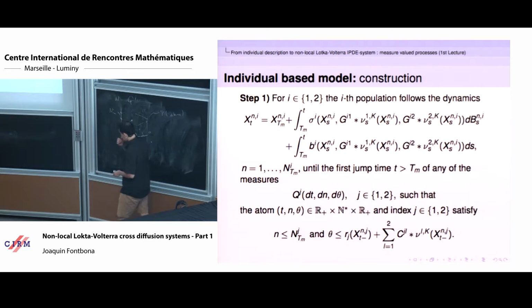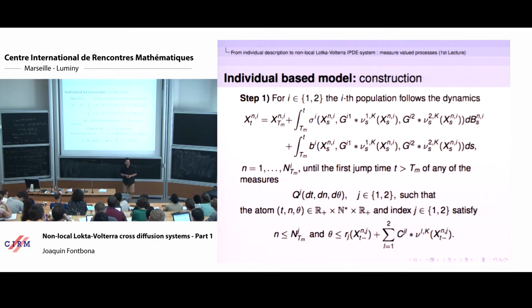So the first thing I need is to have an atom at some time. So let's say now I'm running from Tm on. So I need an atom which I can associate to one of the individuals in my population. And also, I need this parameter theta to be smaller than something. Okay? So here is the idea of adapting the rate to the dynamics of the population, to what's happening at the current position, the current state of the population.